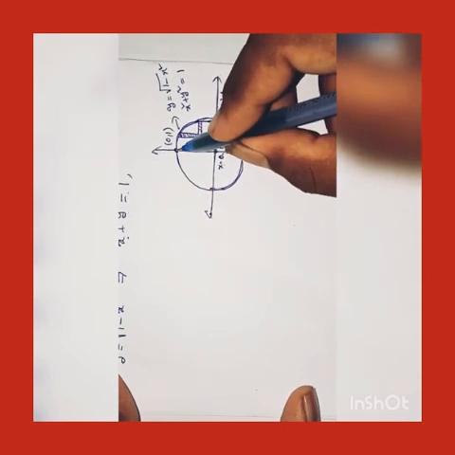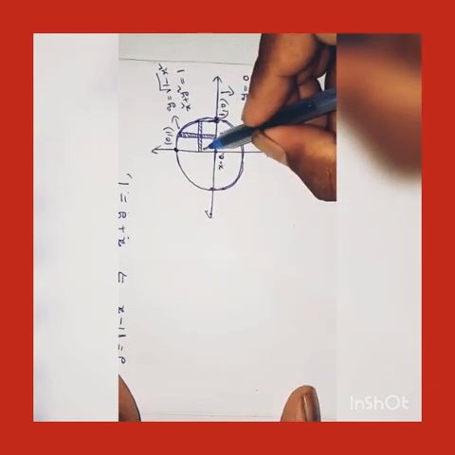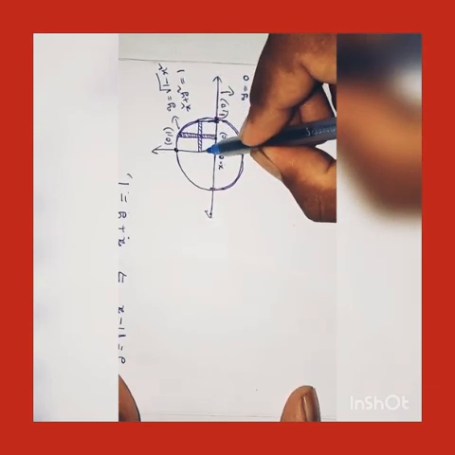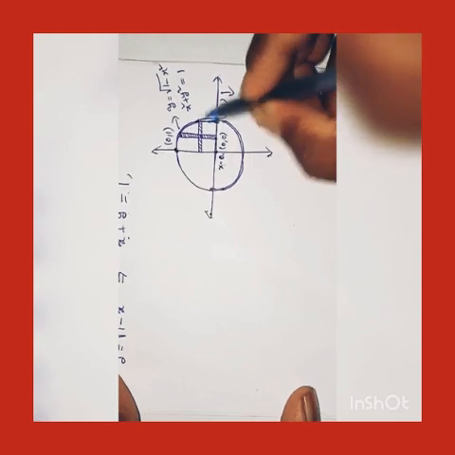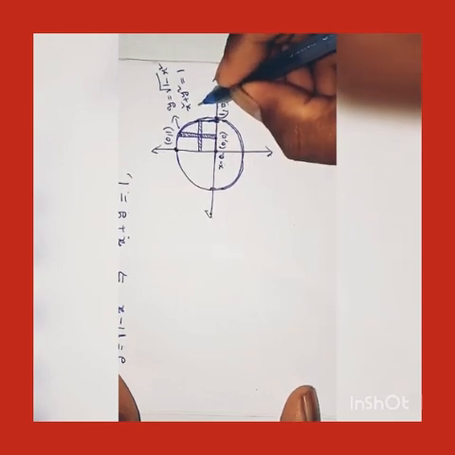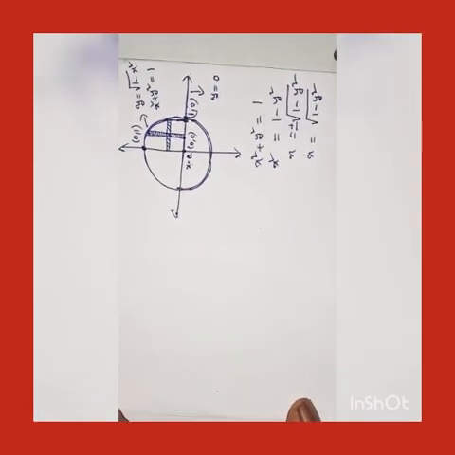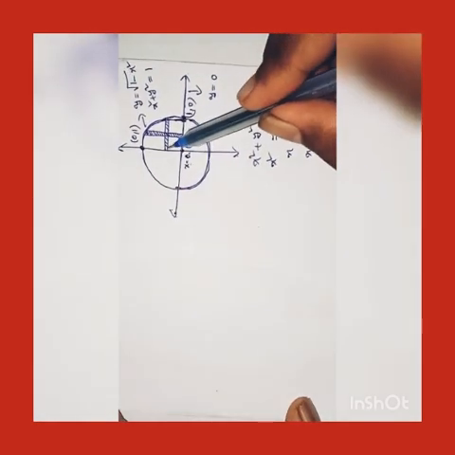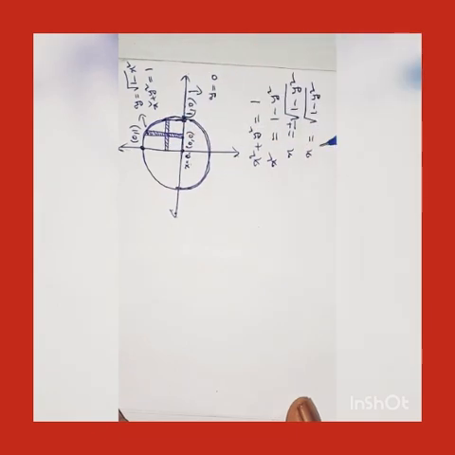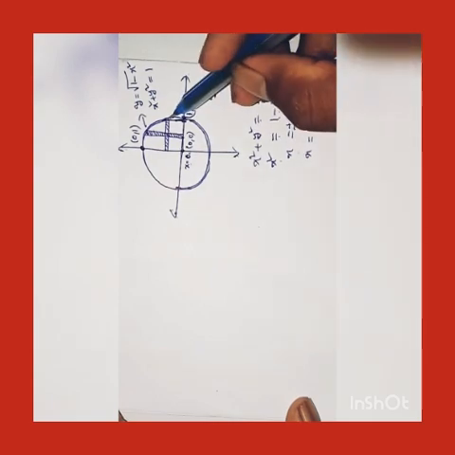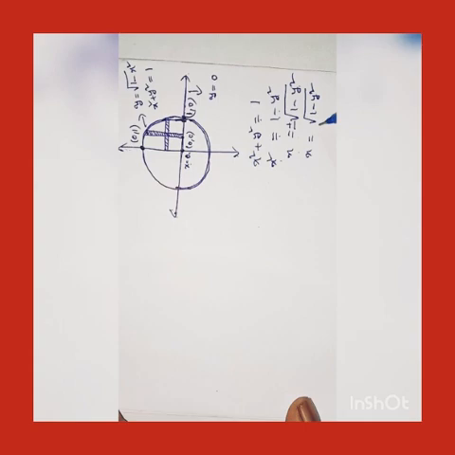And x is moving from x equals 0 to this curve, that is x is equal to root of 1 minus y square, because x square plus y square is equal to 1. Therefore x square is equal to 1 minus y square. X equals plus or minus root of 1 minus y square, but this is the positive quadrant, therefore we consider the positive value.